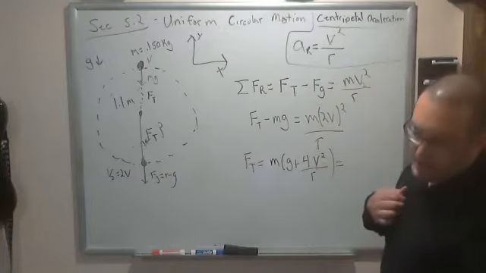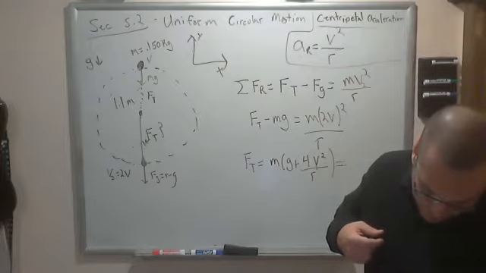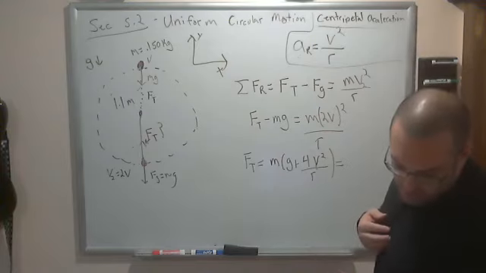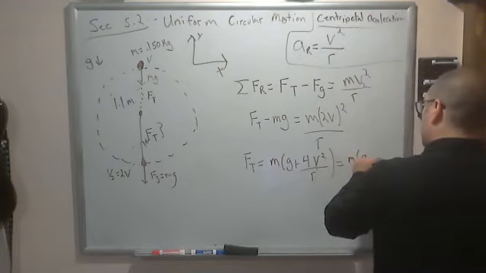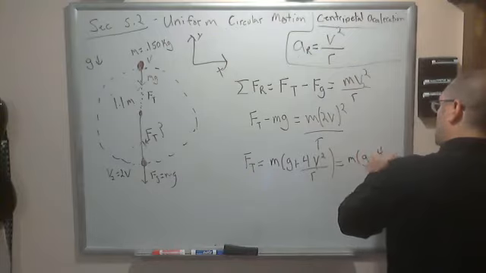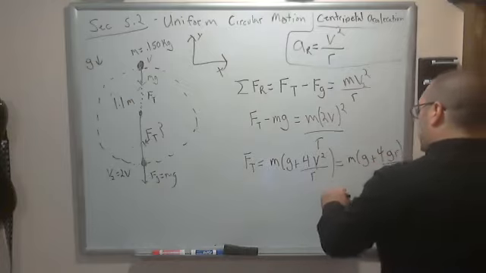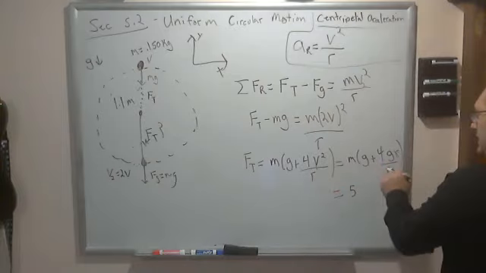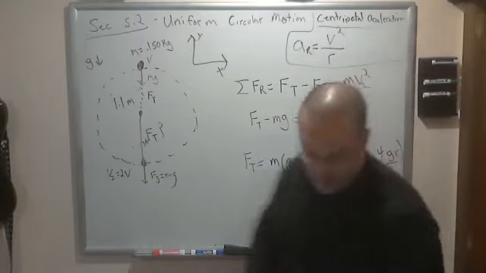And then we had our quantity for v1. If you remember, v1 was the square root of gr, so we can plug that in. So this is g over r, and when we solve this, the r's cancel out, we're left with 5mg.